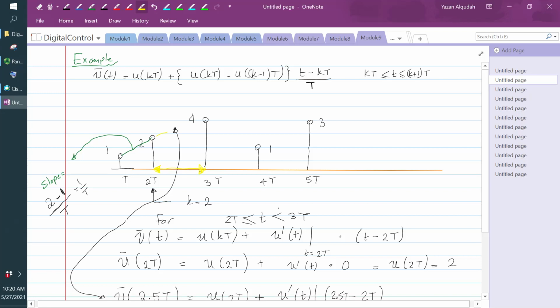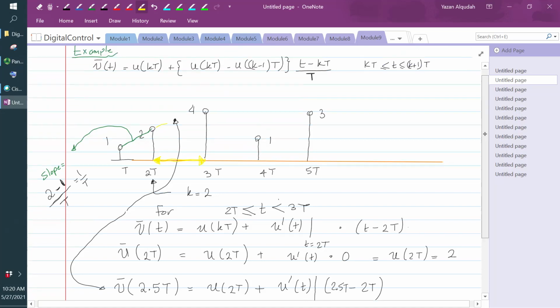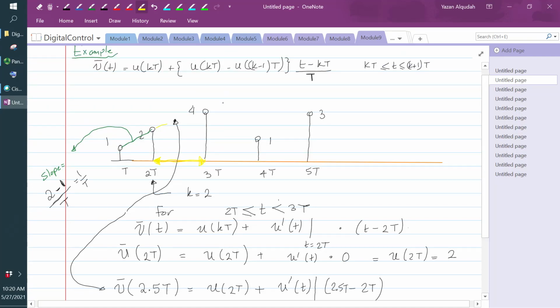I want to produce a continuous time signal during this time. Of course, in the actual digital to analog converter, we're going to estimate or generate the output during all the times. But for the time being, for this example, we're just going to focus on how to do the calculation between 2T and 3T.